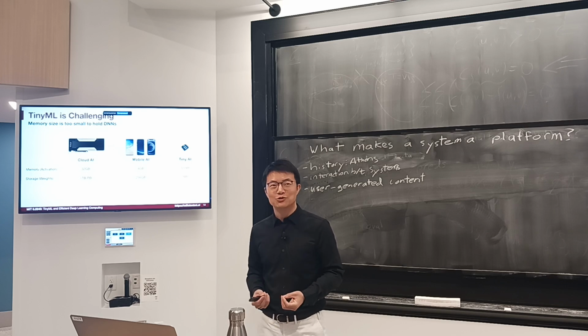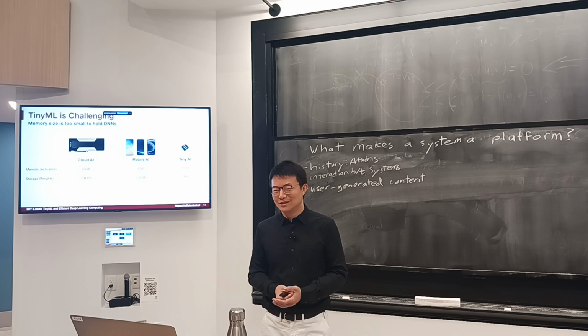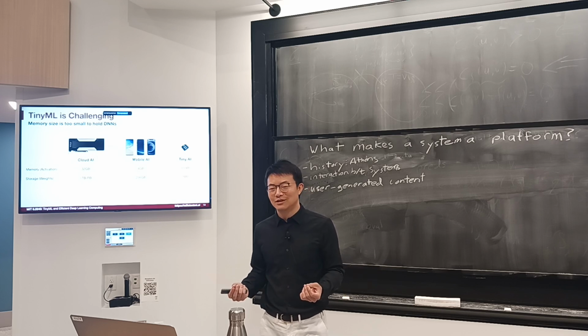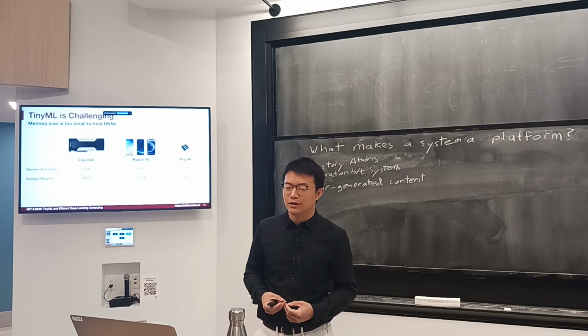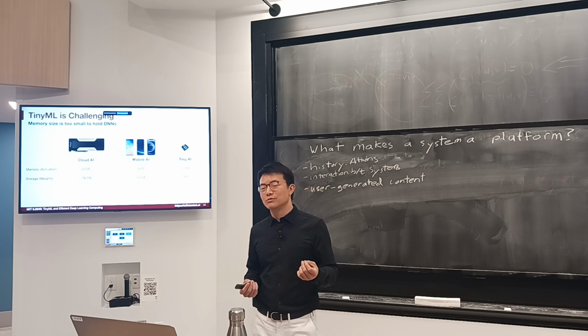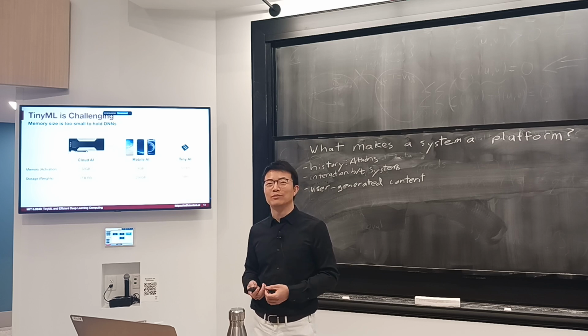You have a couple of hundred kilobytes of SRAM to hold those activations, and maybe just 1 megabyte of storage in the flash. And the flash is sometimes read-only, so you cannot write to it. Only the SRAM is writable, so the resource is very tiny.